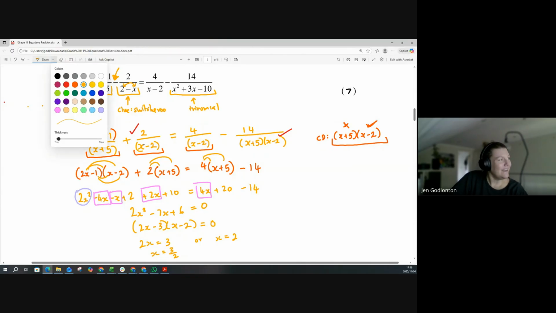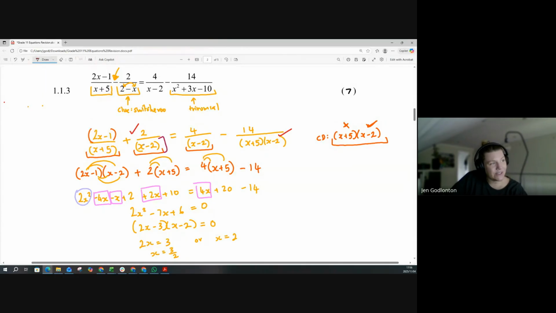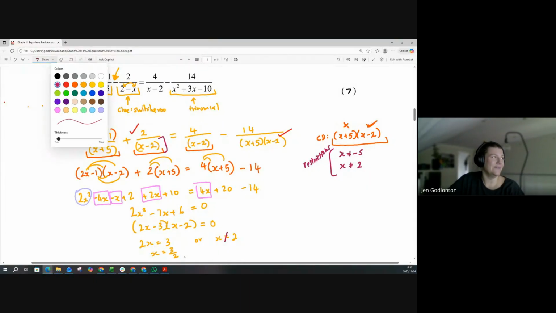But if we go all the way to the beginning and we look at our restrictions, x is not allowed to equal -5 and x is not allowed to equal 2. Those are my restrictions, because otherwise it would be undefined. So x is not allowed to equal 2. It is only allowed to equal 3 over 2.